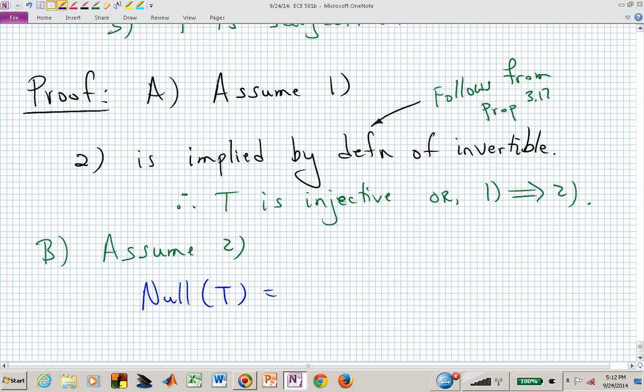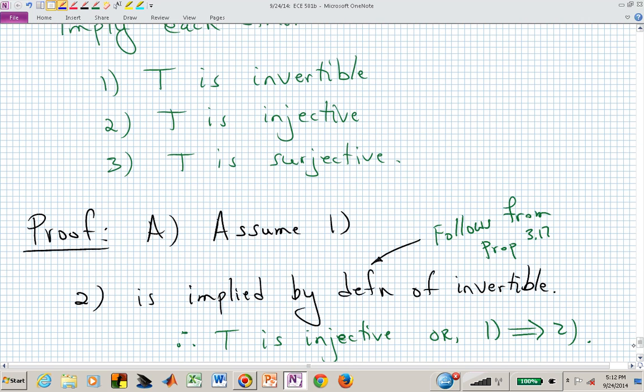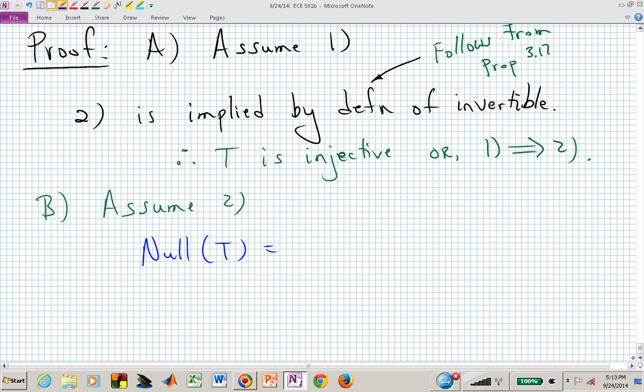If we have an injective map, then what do we know about the null space of that map? It's one-to-one, isn't it? So it can only map the 0 vector into the 0 vector. We can't have a non-trivial null space. So the null space of a map that is injective needs to only contain the 0 vector.